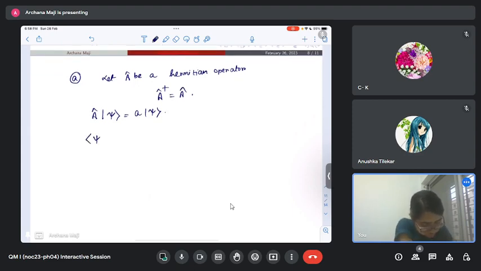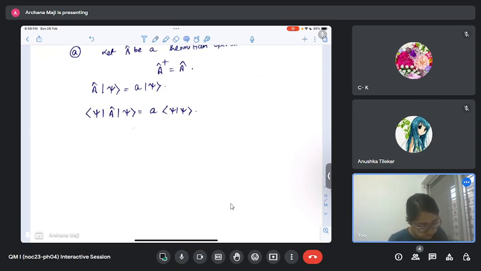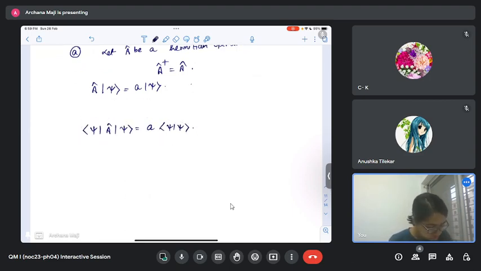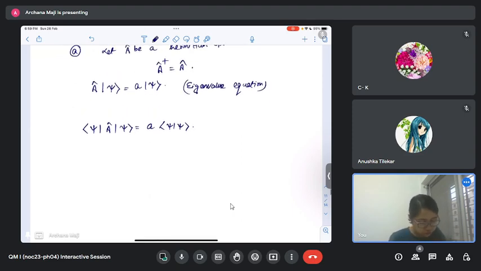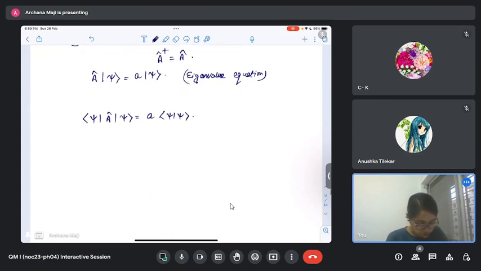So if we take its expectation value, we get a, the inner product of psi with psi. Now, what is the basic definition of the Hermitian conjugate of an operator?